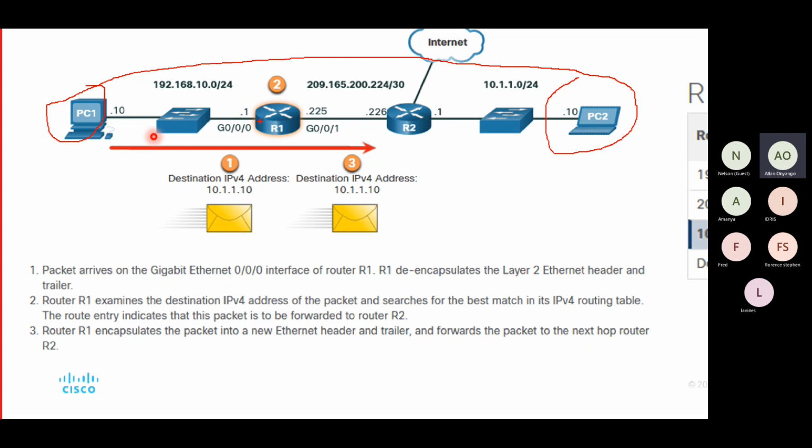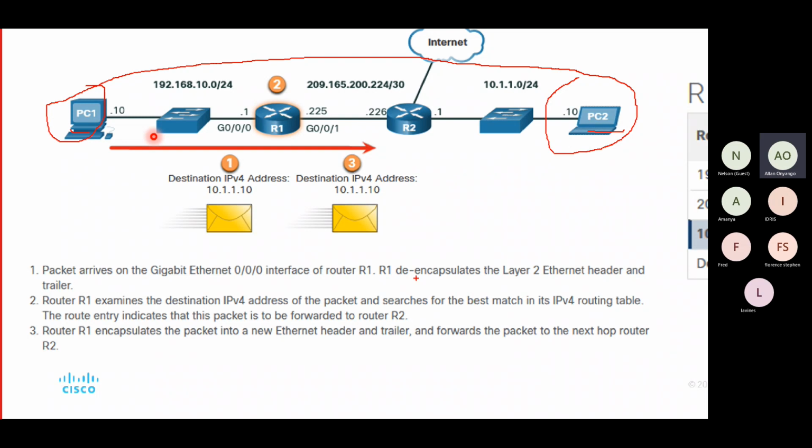The packet is going to be seen by R1. And you know the packet has source IP and destination IP, where the source IP will be for PC1, and the destination IP will be for PC2. So R1 will look at the packet, check the destination IP, and compare it with what is in the routing table.